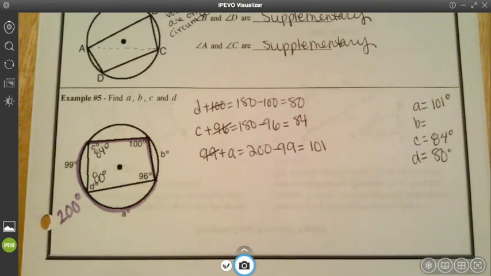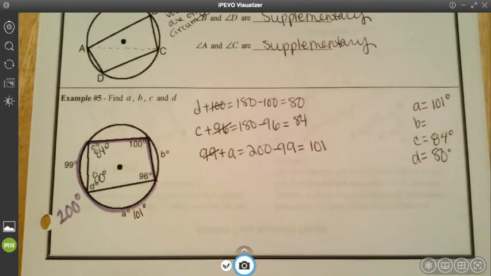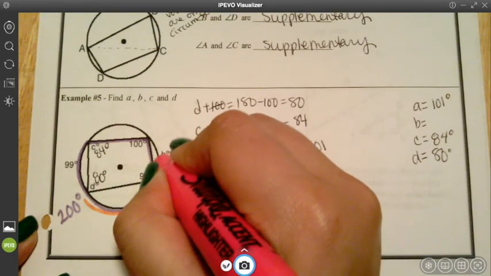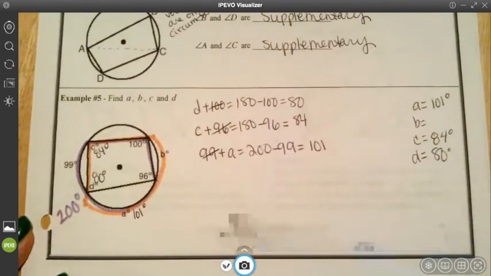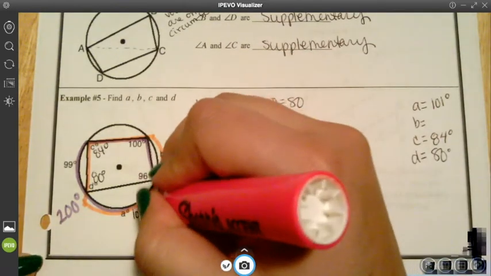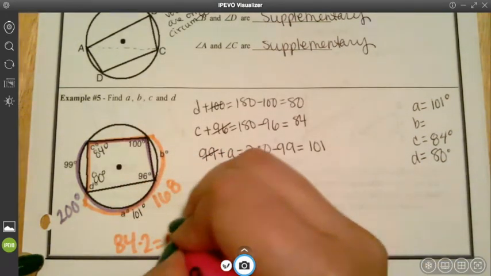Now that I have A, 101 degrees, I can use that in order to find arc length B by finding a new inscribed angle there as well. And so again, we're going to use the idea that the inscribed angle is half of the arc length. So if the angle is 84, then the arc length is 168. 84 times 2 is 168.